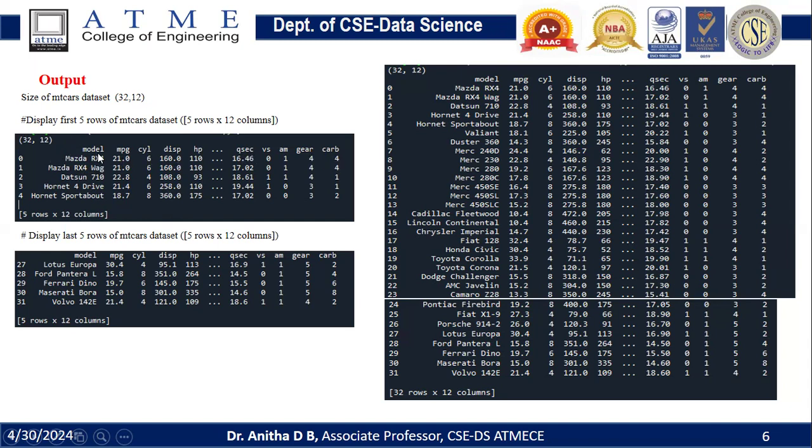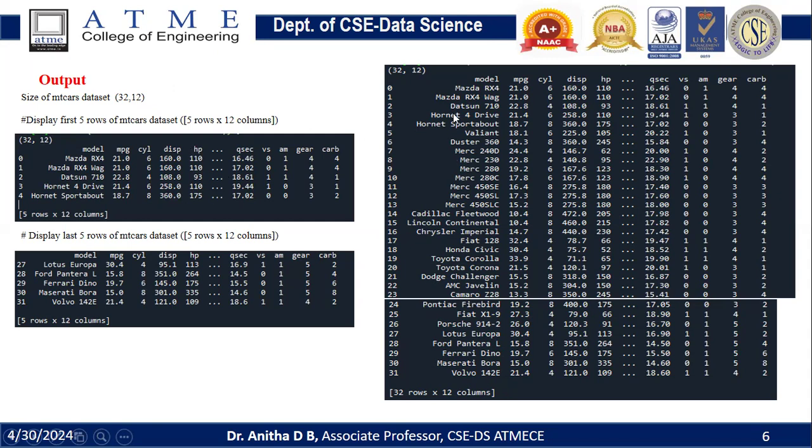That is, there are 12 columns and we will get all the columns. Then to display the last 5 rows of the mtcars dataset, we have used the function print cars.tail(). The tail function will display the last 5 rows of the particular dataset.